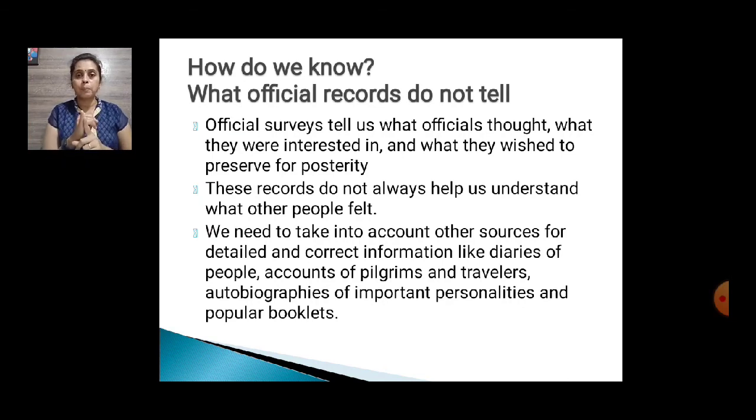They used to write diaries, date-wise, time-wise, diaries of people, accounts of pilgrims like Fa-Hien and Hiuen Tsang. They were Buddhist pilgrims who came to India, and they were in the courts of the rajas and kings, and they have written, and on the basis of that we can decide. Then the travelers gave their travel accounts, autobiographies of important personalities and popular booklets.